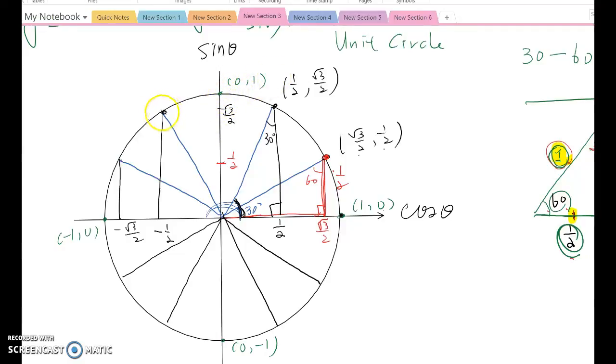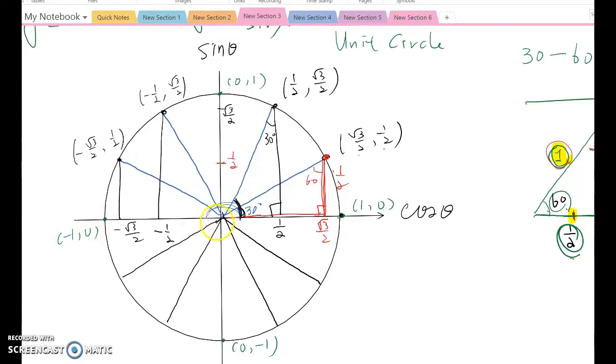Then this 120, you can say cosine 120 becomes negative 1 over 2, and sine 120 is root 3 over 2. And 150: cosine 150 is negative root 3 over 2, sine is 1 over 2. And cosine 180 is negative 1, sine 180 is 0.